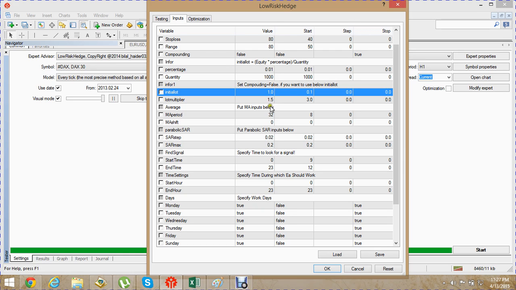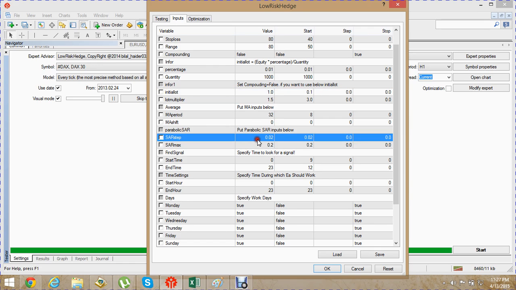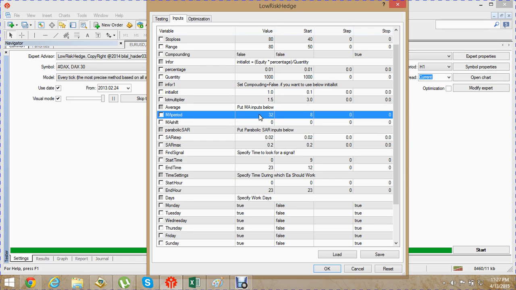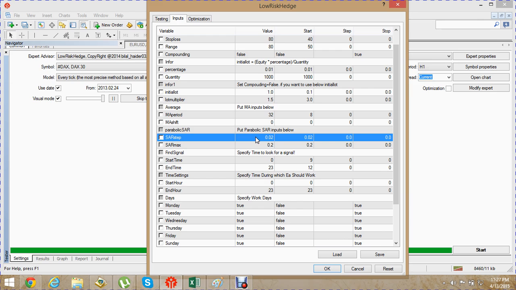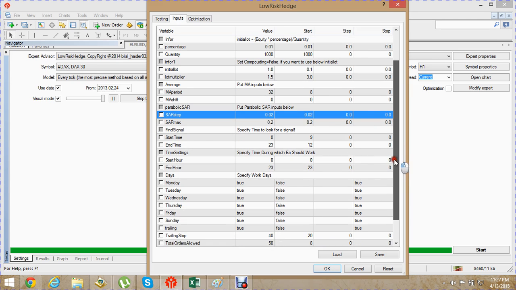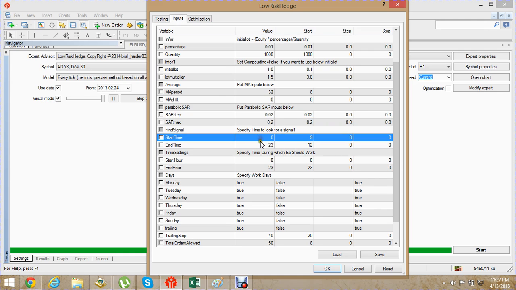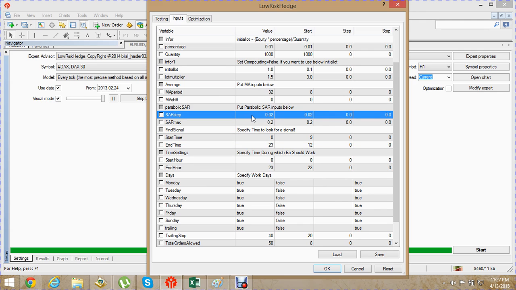I'm using these two indicators to trigger my trades. The first one is moving average with period 32, and the second one is parabolic SAR with default settings. Currently I'm using it all the time, basically. Whenever it finds a signal based on these two indicators, whether to place a buy or a sell trade, it starts trading.